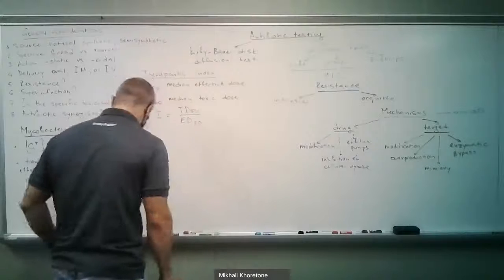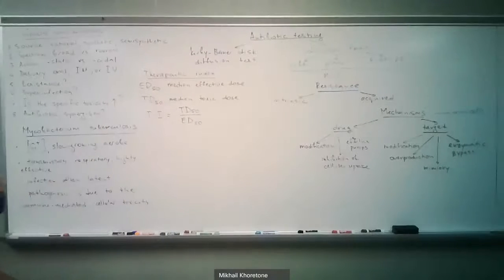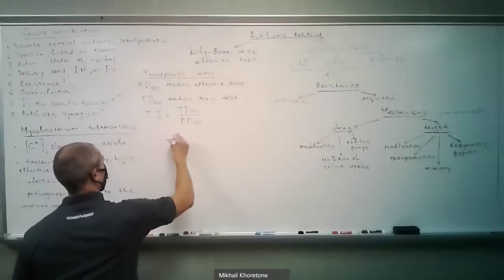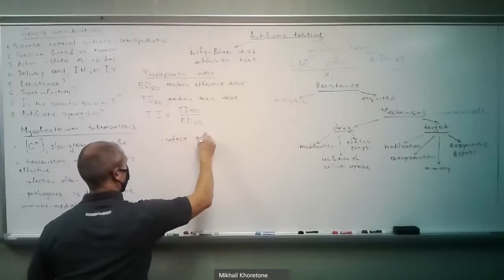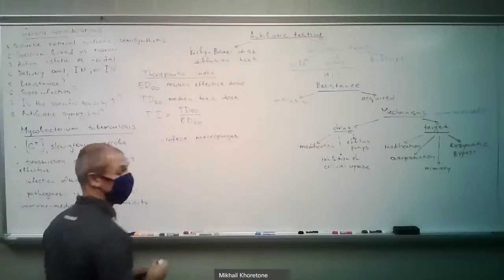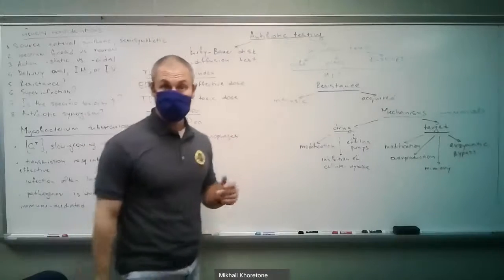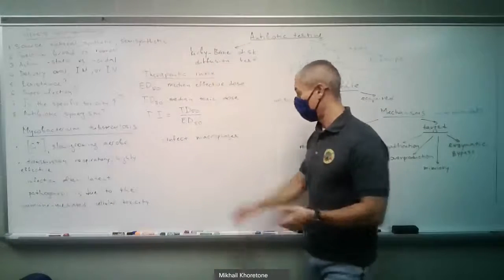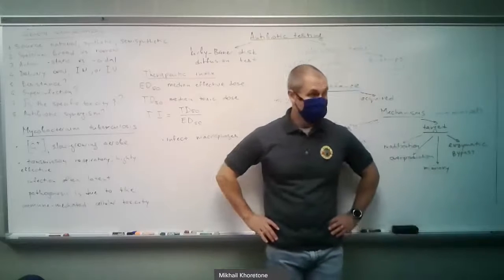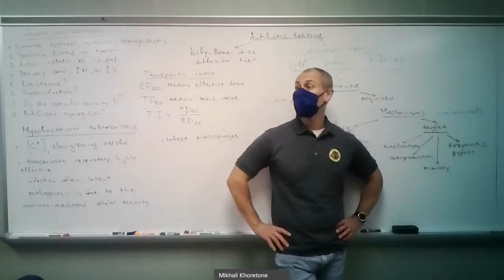Let me add one more detail, and then I'll explain it. It infects macrophages. So let's start with macrophages. Macrophages are the immune cells, right? Big eaters that are supposed to destroy bacteria. Are we clear?